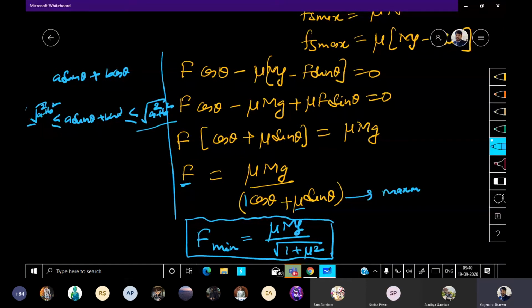Amod, the value of a cos theta plus b sin theta: maximum is under root of a square plus b square, minimum is minus under root of a square plus b square. So we have used that to find the minimum value of force, because the question is saying that you need to find the minimum value of F applied such that the block starts moving. Okay.